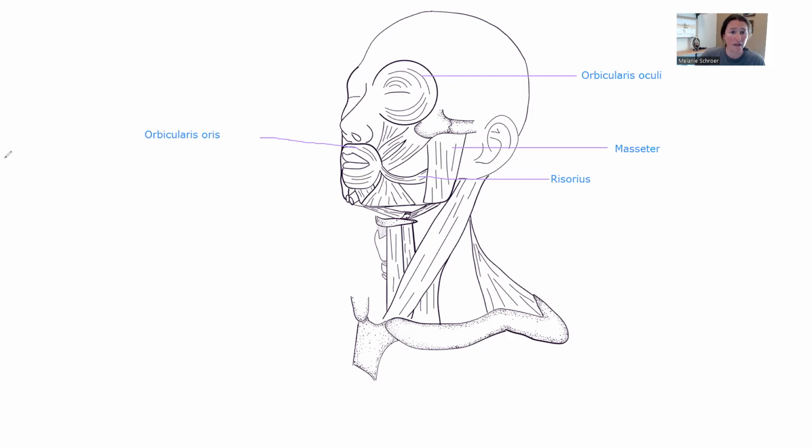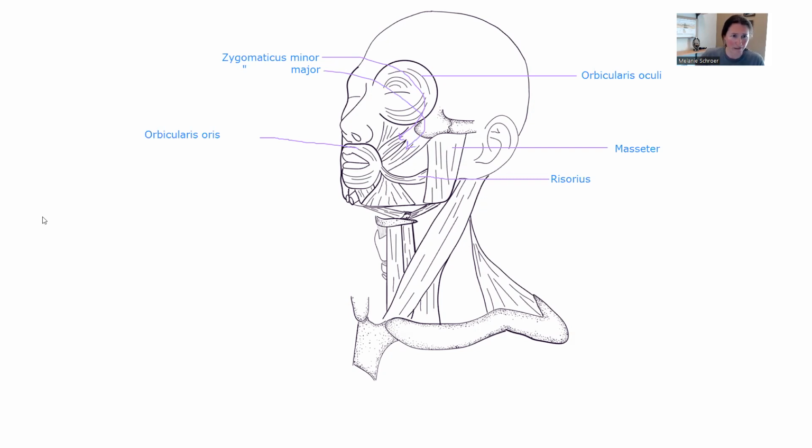Okay. We have a couple muscles that are going to originate up here on the zygomatic bone. Okay, so we have the zygomaticus minor, and we have the zygomaticus major. And so minor is generally a little bit more medial. So this muscle right here is minor, and major is this muscle over here.